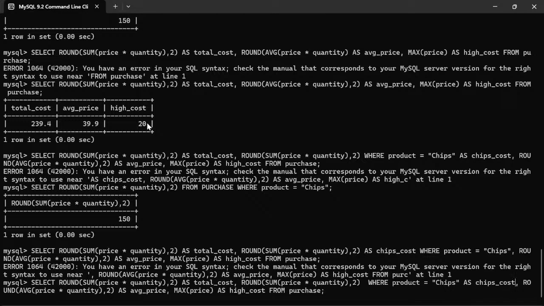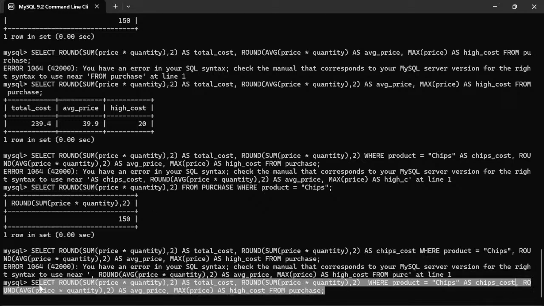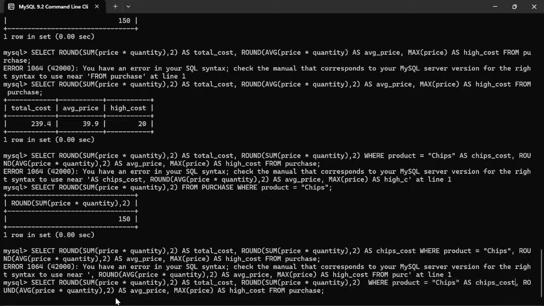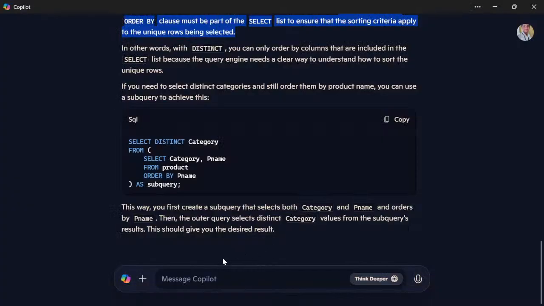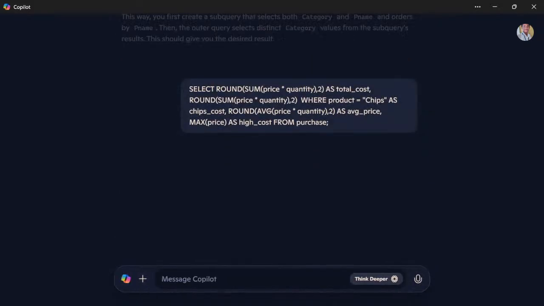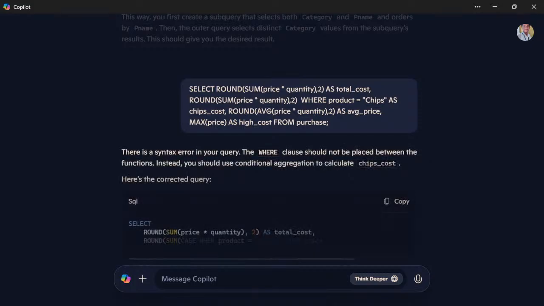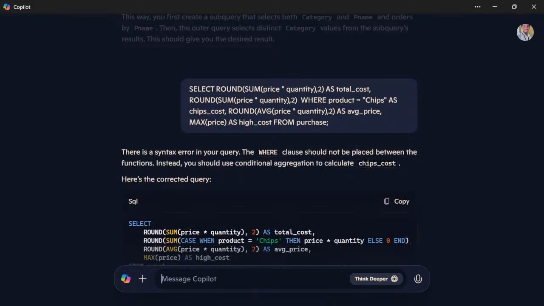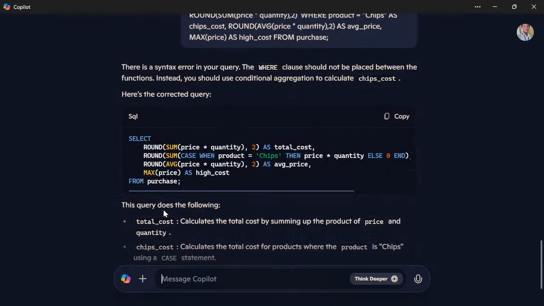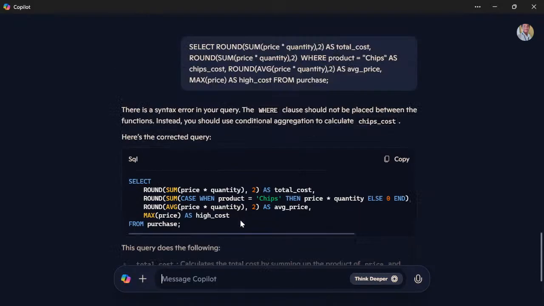So let's see this on the Copilot where the error is coming here. Okay, yeah, there is a syntax error: the WHERE clause should not be placed between the function. Instead you should use conditional aggregation to calculate the chips cost. Okay, I don't know how this is done, but let's see what is written here.